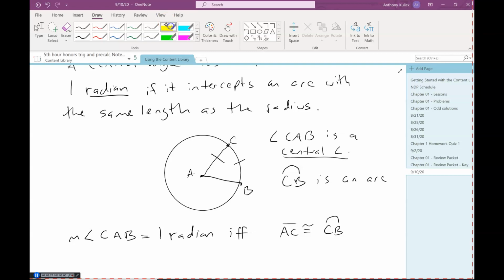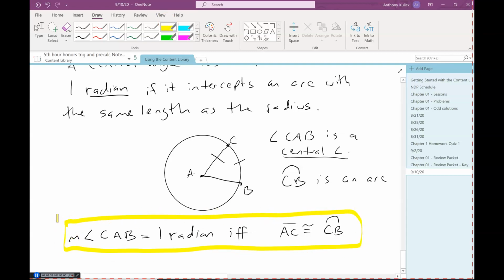So this is the same thing as the definition above. We've just written it symbolically rather than in words, but it's equivalent. Is everybody okay there?